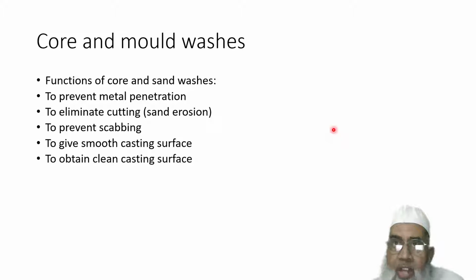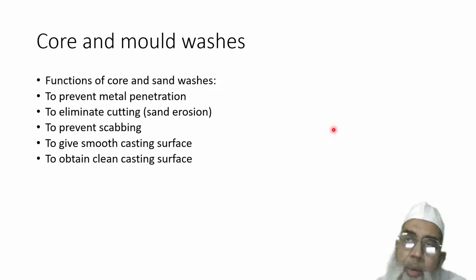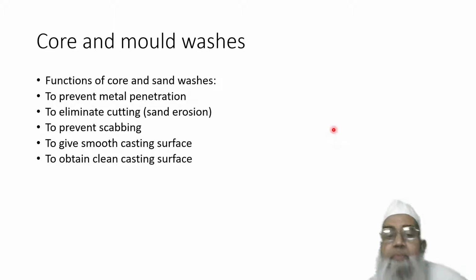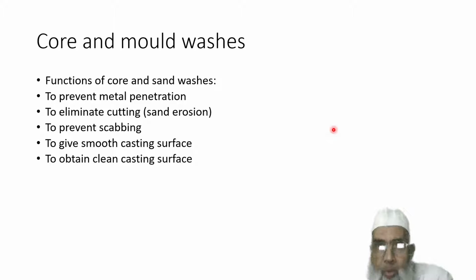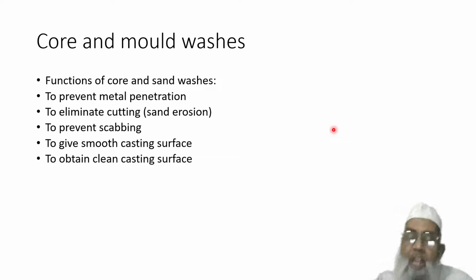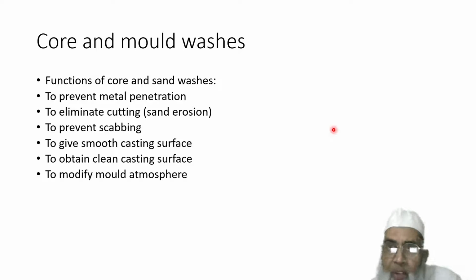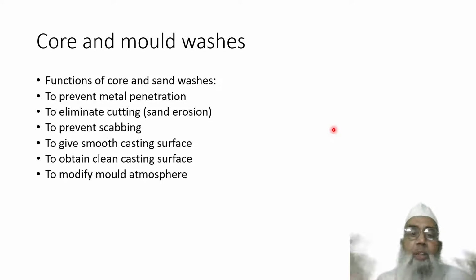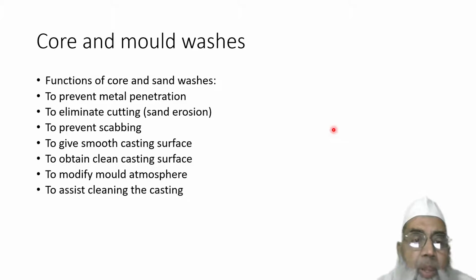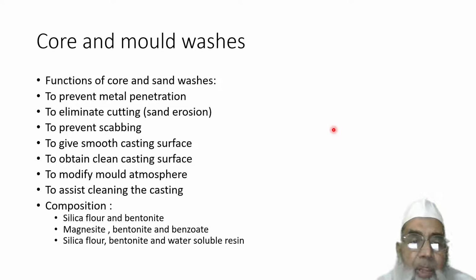Now it won't allow the metal to react with the molding sand. The core wash will form the interface, and therefore we can have a clean casting surface, and it will also modify the mold atmosphere, and this is cleaning the casting.